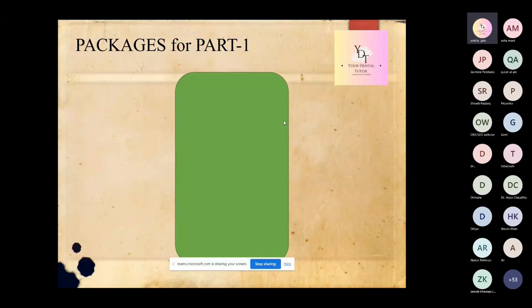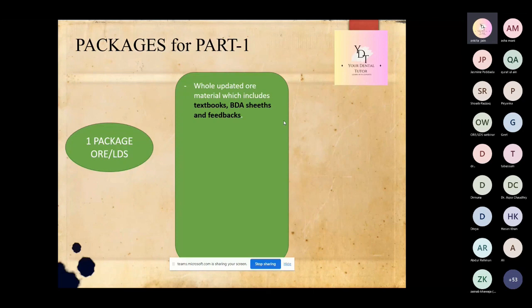Now, if we talk about the packages for part one, we don't offer and we don't think that it is required. We don't give any kind of fancy packages. We have just one package which is required as per our experience.